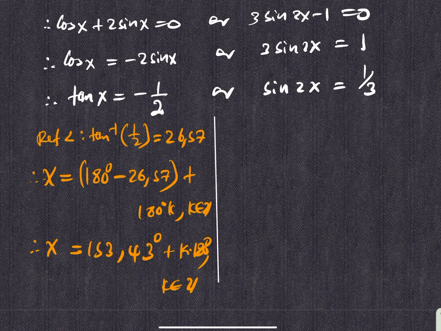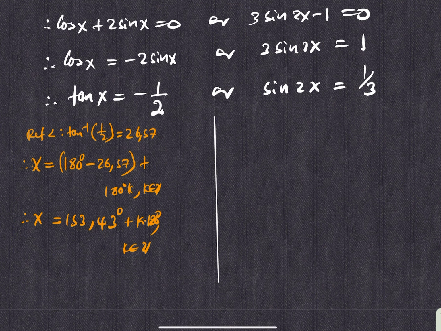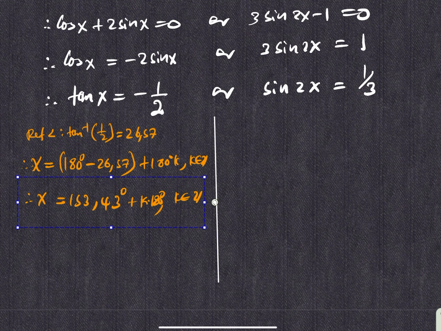This is how far I can go with the first one. Let me put everything together so that we don't have a mediocre work. And just like that, that's how you would go about the tangent general solution.